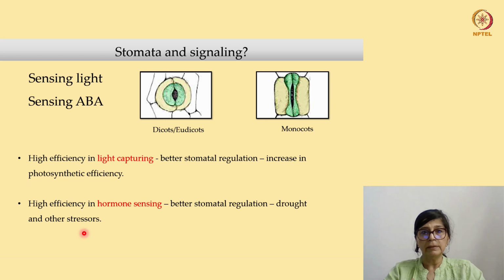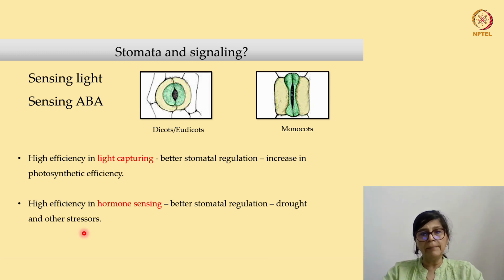Stomata became very highly efficient in light capturing, with better stomatal regulation and increased photosynthetic efficiency. This became so over an evolutionary time period, not in one day, right?